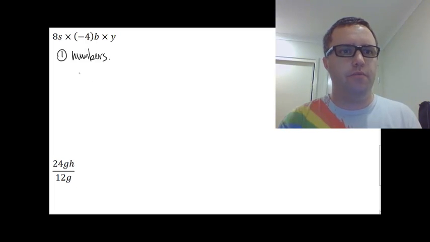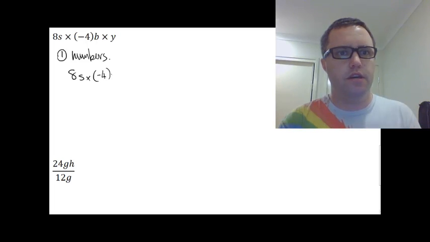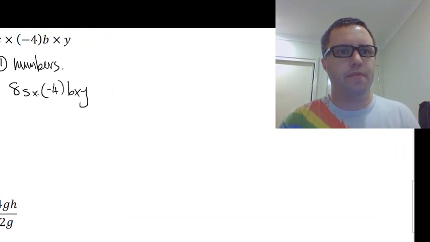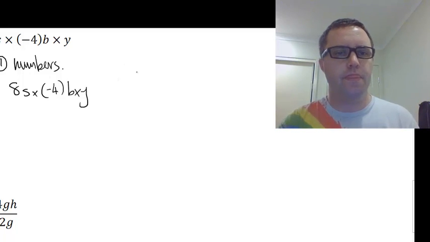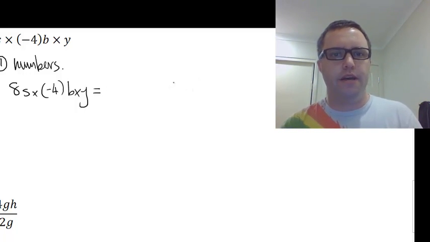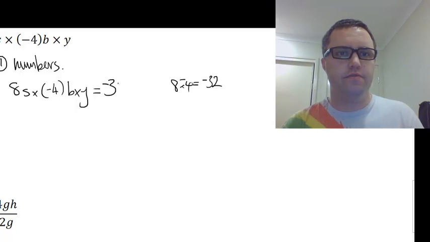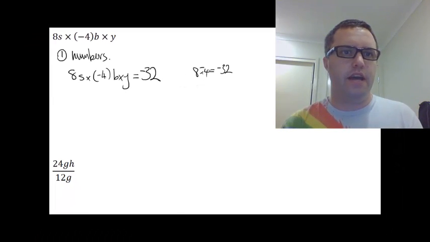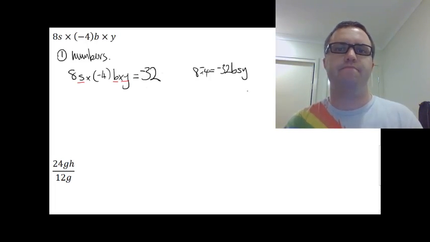So we have 8s times negative 4b times y. 8 times negative 4: we are multiplying, so 8 times 4 is 32, and negative 32. So we have negative 32. Then we have s times b times y. It's a good idea to write them in alphabetical order. So negative 32bsy, and we're done.